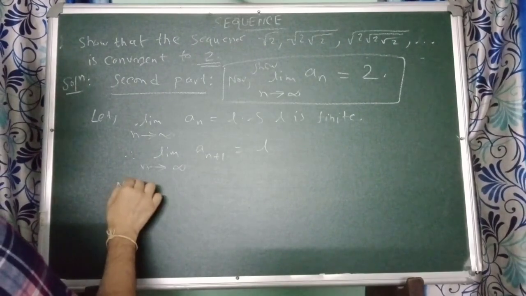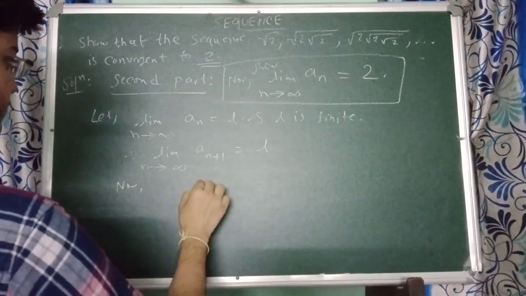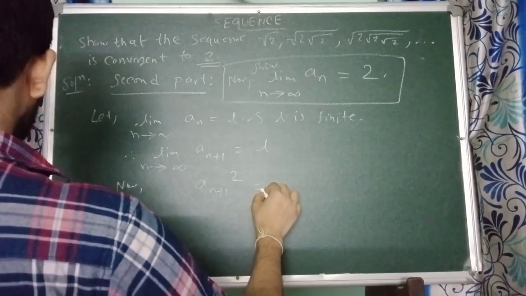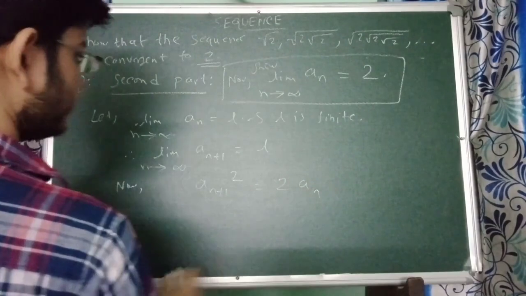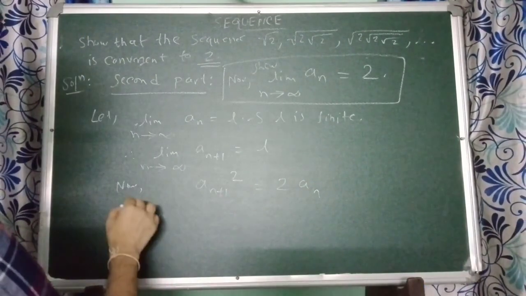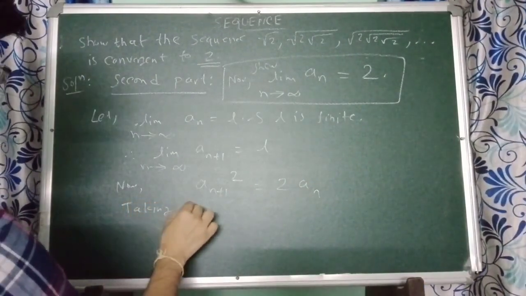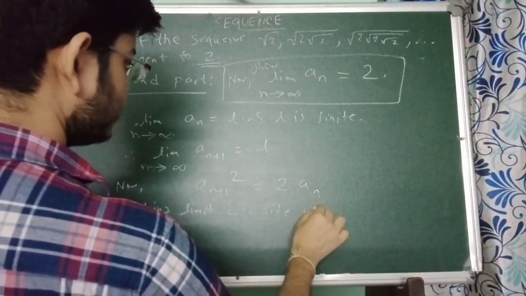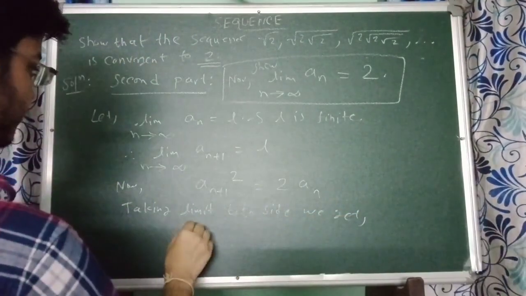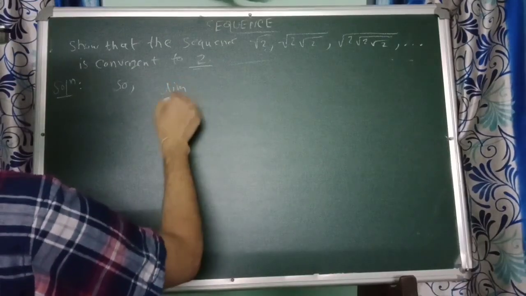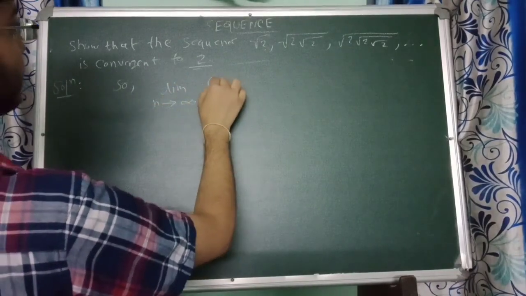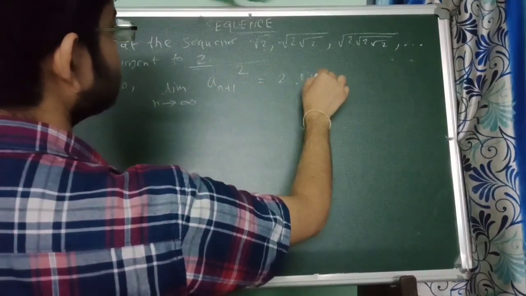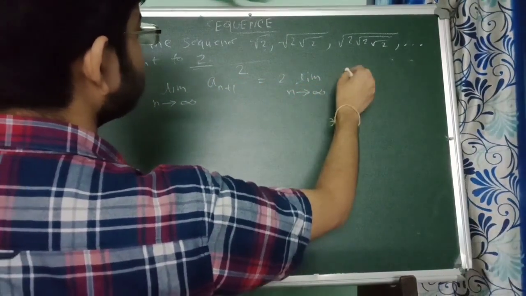Now from the previous expression we see this kind of expression: a_{n+1} squared equals 2 a_n. Now taking limit on both sides, we get limit n tending to infinity a_{n+1} squared equals 2 times limit n tending to infinity a_n.